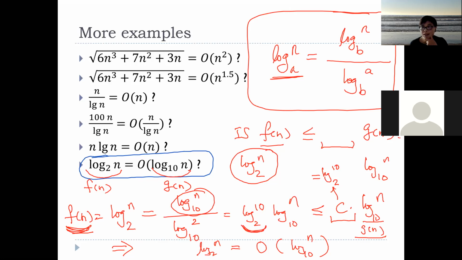Questions on this? Okay, now in fact, the precise values of 2 and 10 are not even important.